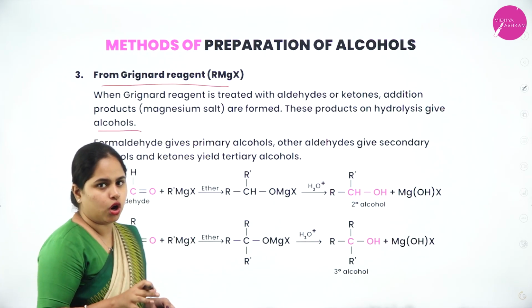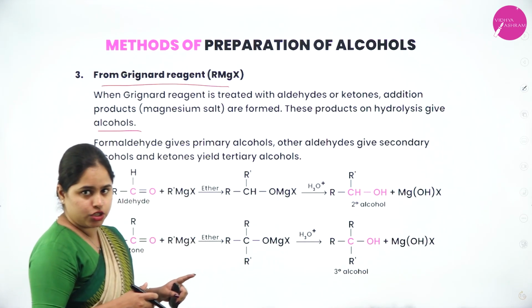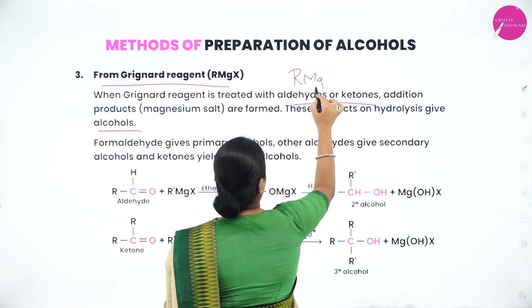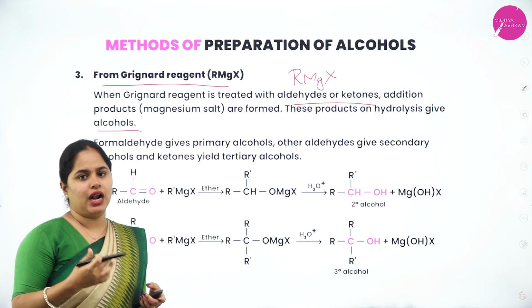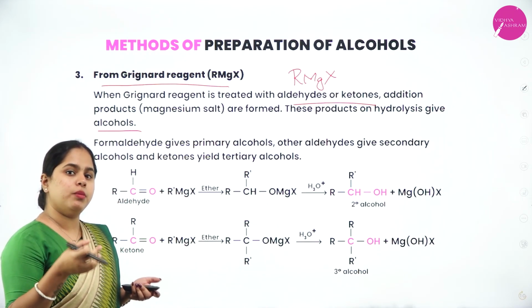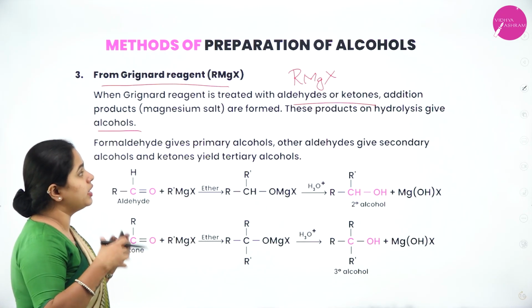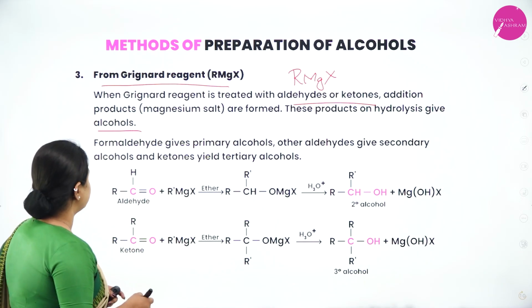First a magnesium salt will be formed. Grignard reagent is what? Alkyl magnesium halide. When it reacts with aldehydes and ketones, it first forms an addition product, that is a magnesium salt, then it undergoes hydrolysis and forms the alcohols.